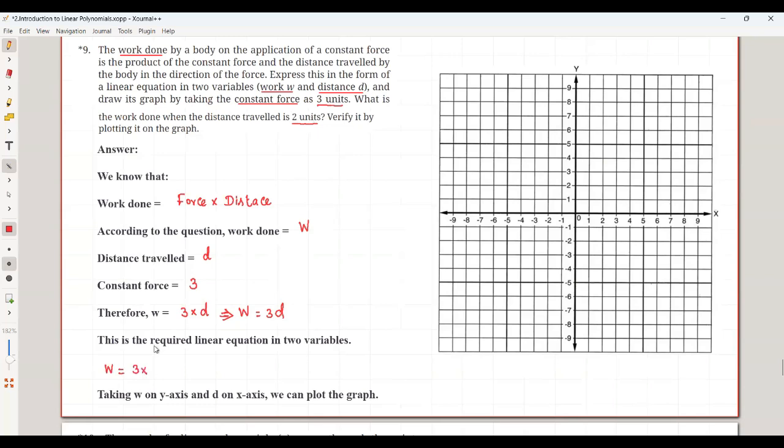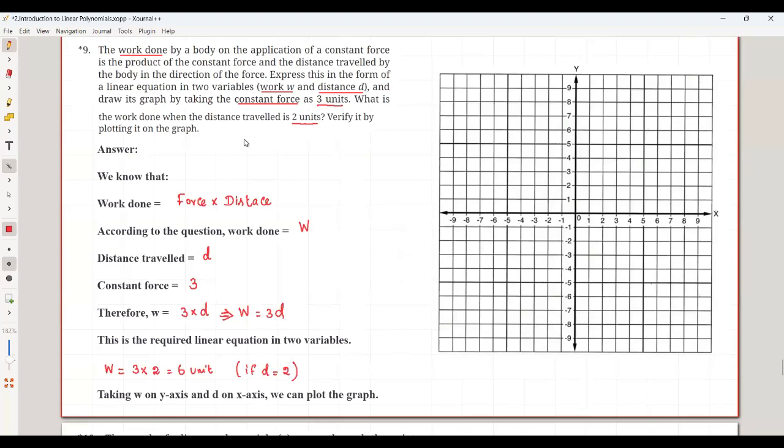If distance is 2 units, in the place of distance you have to take 2. 3 2s are 6. So work done is equal to 6 units if D is equal to 2 units.